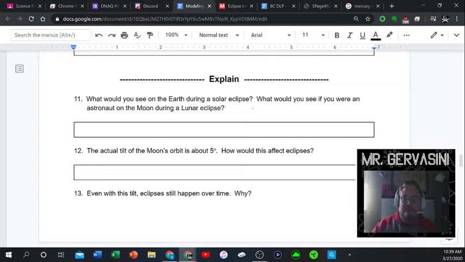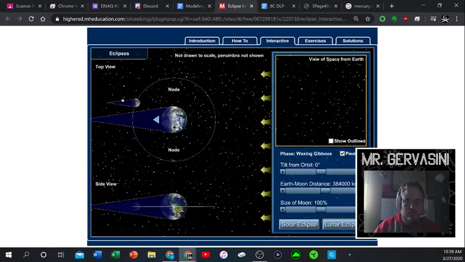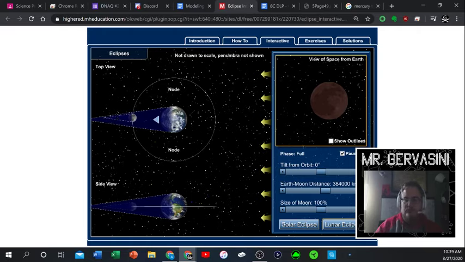Alright. What would you see if you were an astronaut on the moon during a lunar eclipse? Well, the moon appears reddish-orangish during a lunar eclipse. So what would you see from the Earth? This is kind of a what-if, but what do you think you would see?